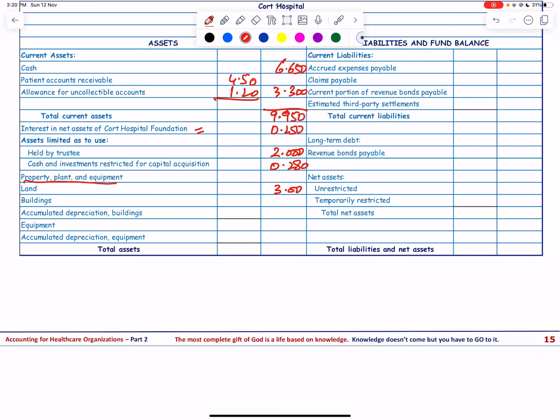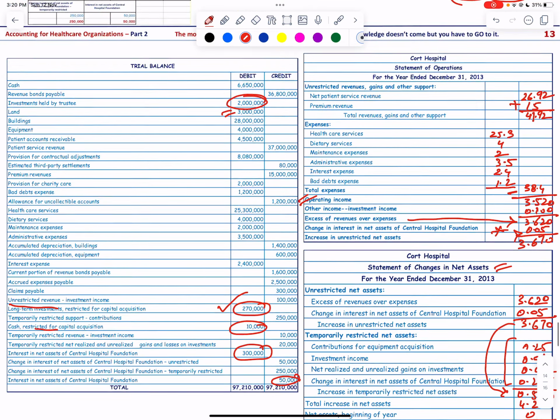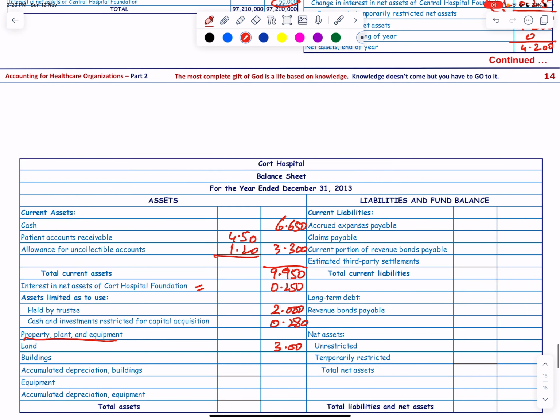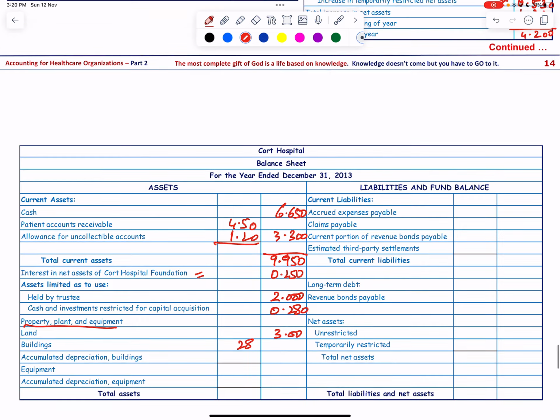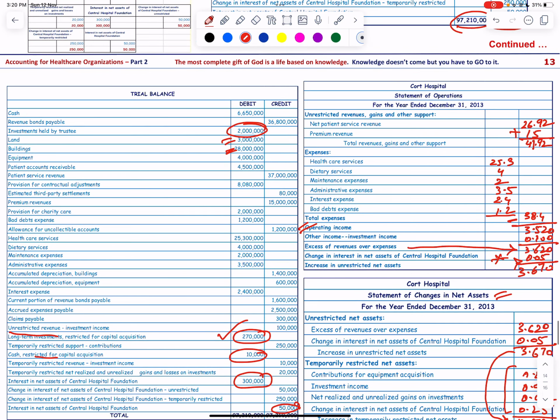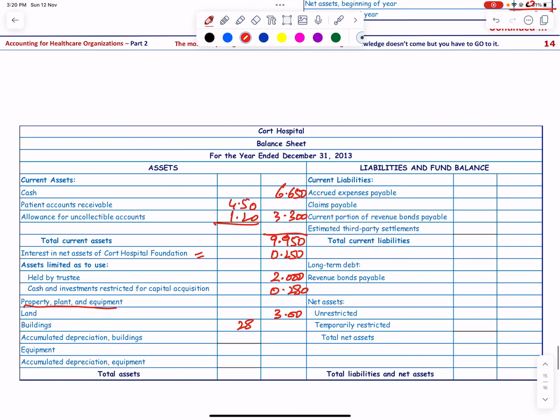Then we have building, and building is 28 million. We have 28 million for the building, and from this we will subtract the accumulated depreciation on building. How much is it? Accumulated depreciation is 1.4 million.